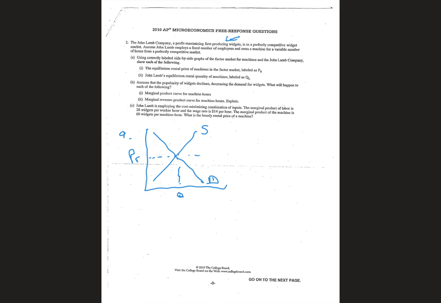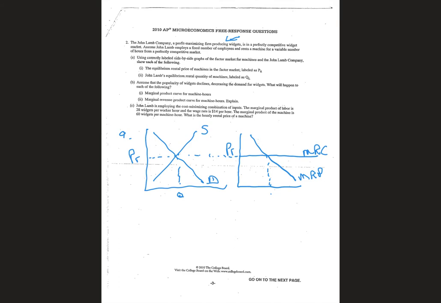We also know that John Lamb will be having to see that rental price as a cost. So the marginal resource cost for John Lamb will be equal to the rental price for the machine, and we know that there will be a marginal revenue product for this particular machine and its variable hours, okay? And I know that this will be the quantity where MRC equals MRP.